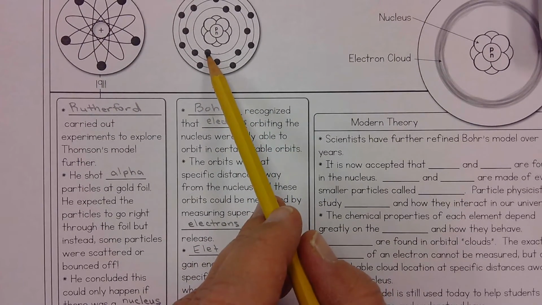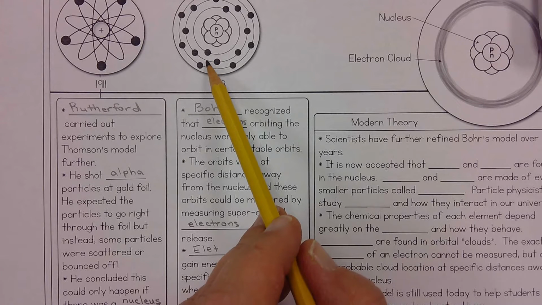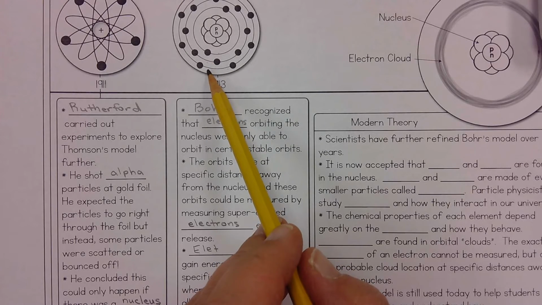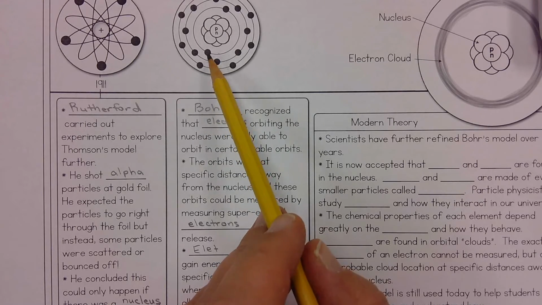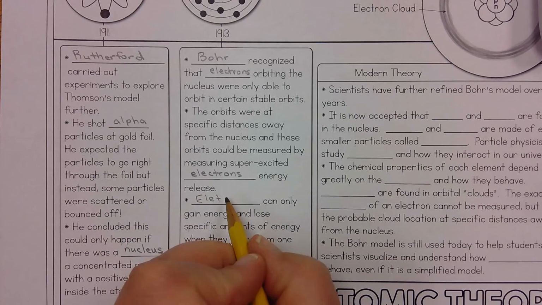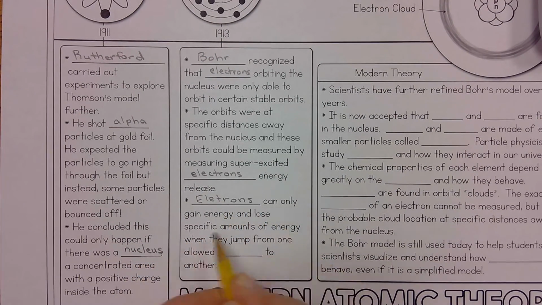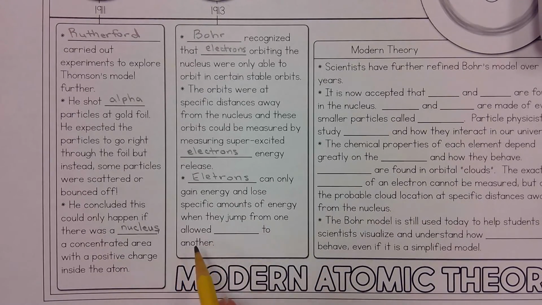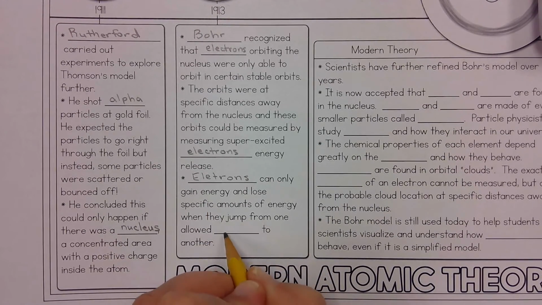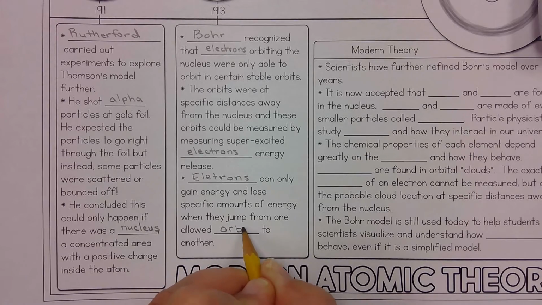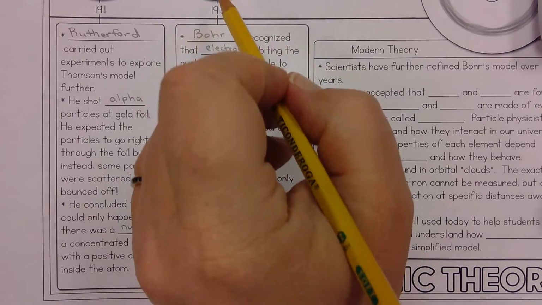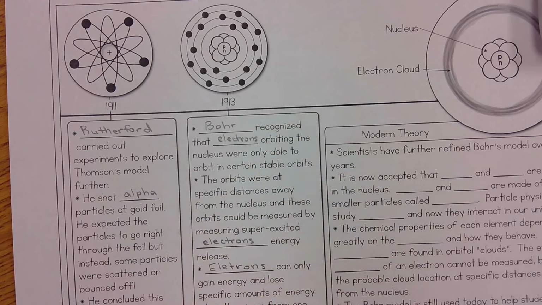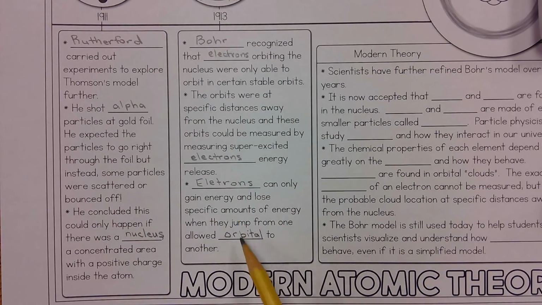So an electron will gain energy and move up a level, and lose energy and move down a level, or gain a lot of energy and move up 2 levels, and then lose it and move back down. So electrons can only gain and lose specific amounts of energy when they jump from one allowed orbital to another, just like with planets orbiting, right? These are called orbitals.